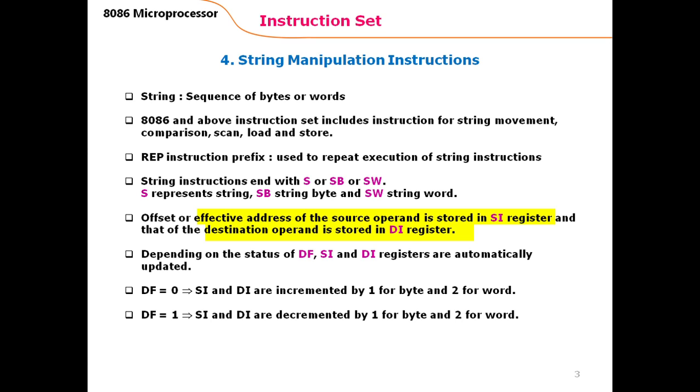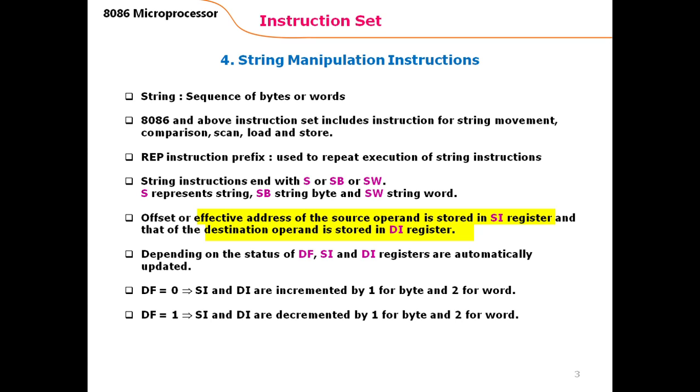In string manipulation instructions, either there is a source, or a destination, or both. If there is a source of data, then the source is normally the data segment of the memory, and the offset address for the data segment is provided through the source index register.